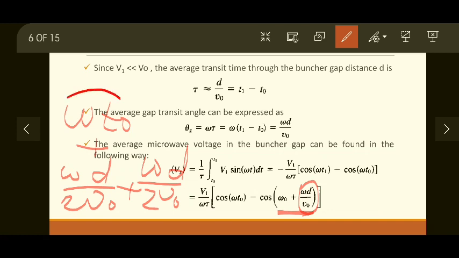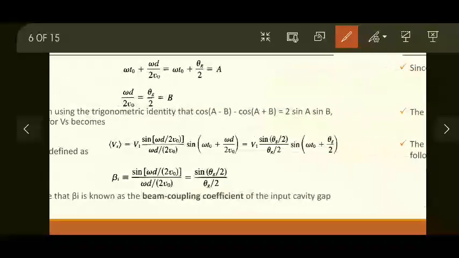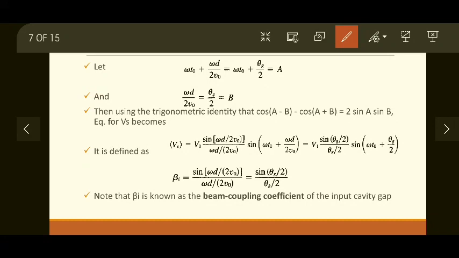Three terms will be there, out of which the first two terms are considered as A. Omega t0 plus omega d upon 2 v0 is considered as A, and omega d upon 2 v0 is considered as B. Now this omega d upon 2 v0 is considered as theta g by 2. This will also be required in the further explanation.